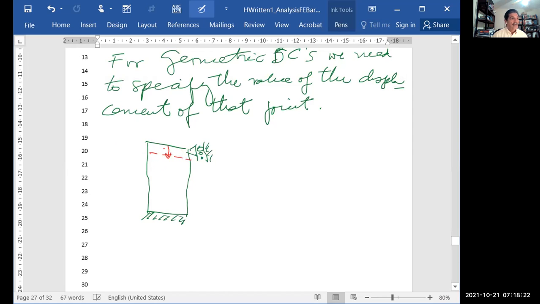But this is a known value, and the known value is not zero. It's different than zero. So in this case, for example, we could specify this. This could be, for example, the displacement of this edge in the Y direction. Okay? So it's not zero in this case, it's different than zero, but it's a value that we know. Okay? And after you do that, remember that when we solve the system of equations, okay, we have to specify that on the right-hand side of the equations. In the example that we presented in class, we explained that.